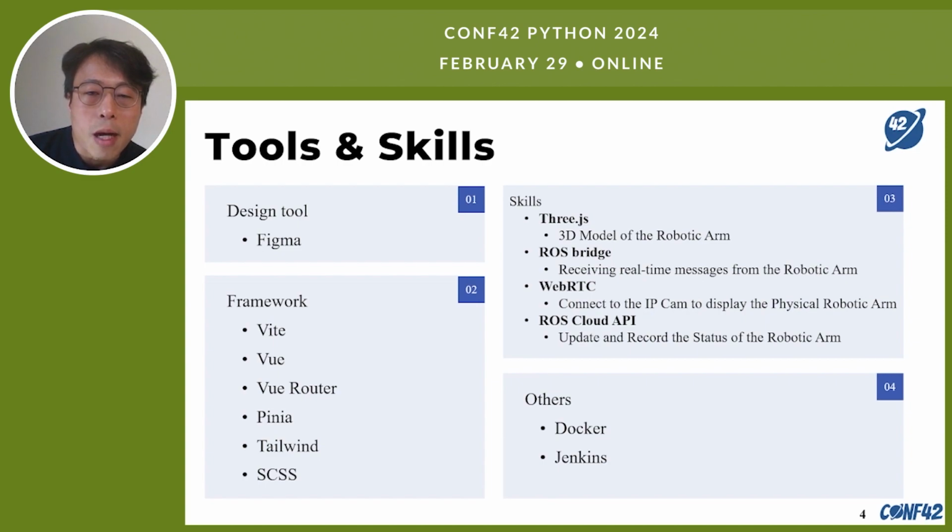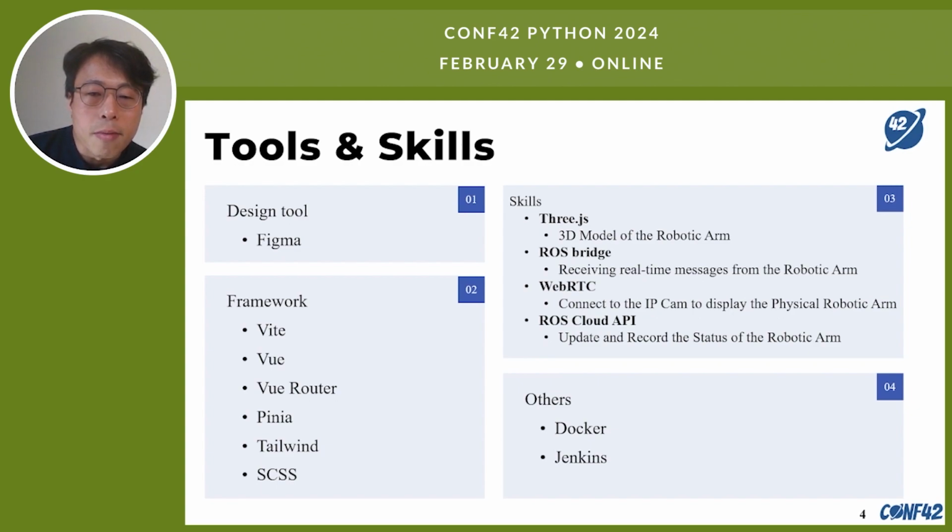We use WebRTC to connect the IP camera to display the physical robotic arm in our virtual page. And we provide the ROS Cloud API to update and record the status of the robotic arm.